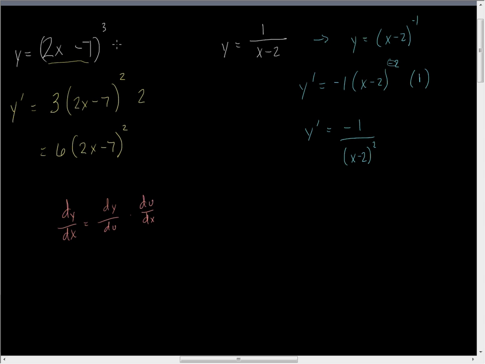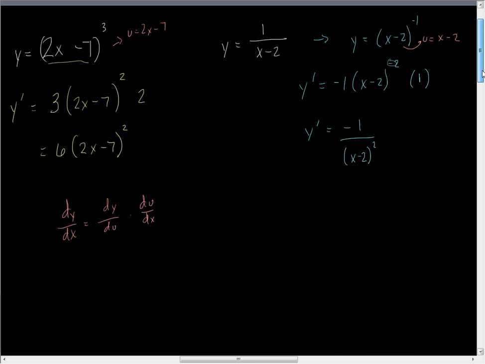In this case, u is equal to 2x minus 7. In this case, u is equal to x minus 2. Then you can take the derivative with respect to u, and then multiply that with the derivative of u with respect to x. It works out to be the same thing. It doesn't matter which way you use.